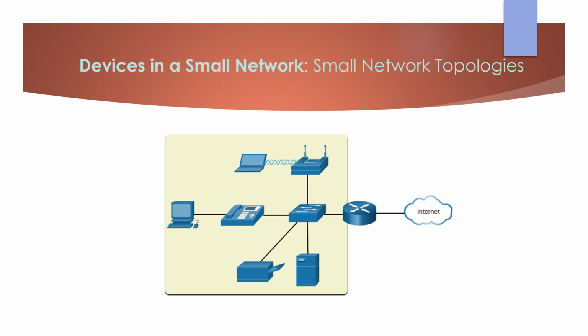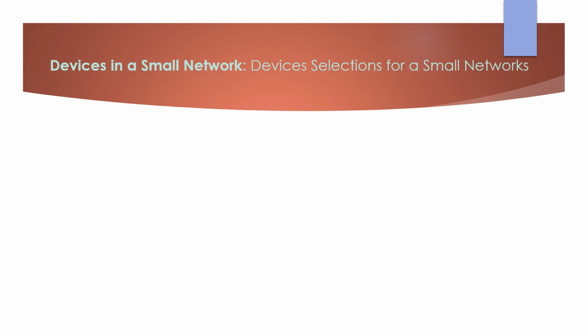Managing a small network requires many of the same skills as those required for managing a larger one. Small networks are managed by a local IT technician or by a contractor professional. Like large networks, small networks require planning and design to meet user requirements.